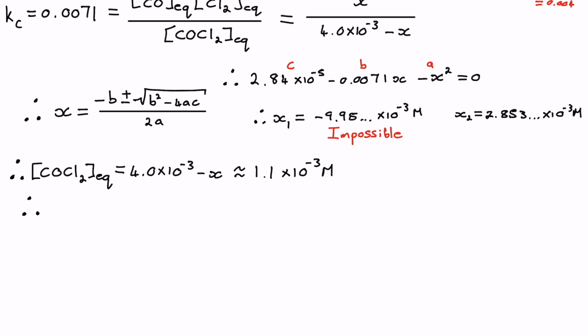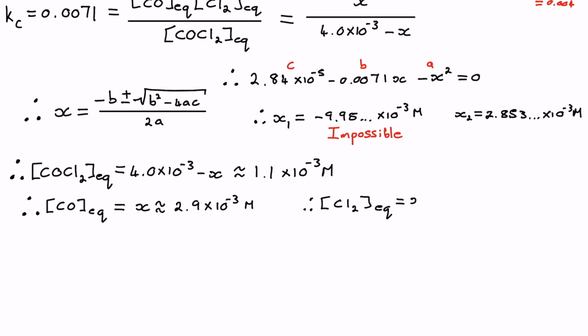Then the concentration of CO at equilibrium is just equal to x, and rounded that gives 2.9 times 10 to the negative 3 molar, and Cl2 at equilibrium is also just equal to x, also rounded 2.9 times 10 to the negative 3 molar.